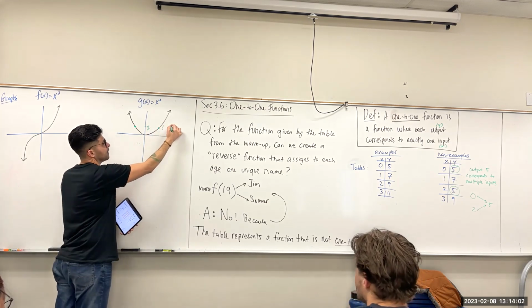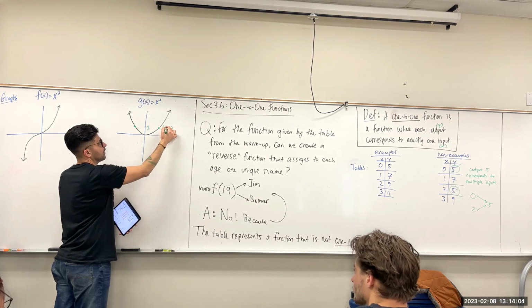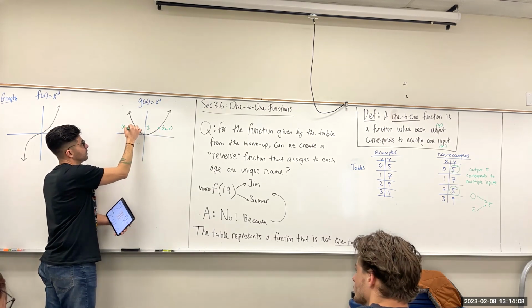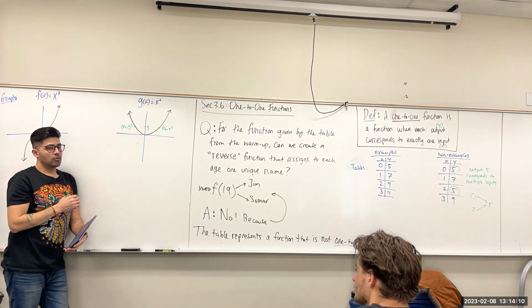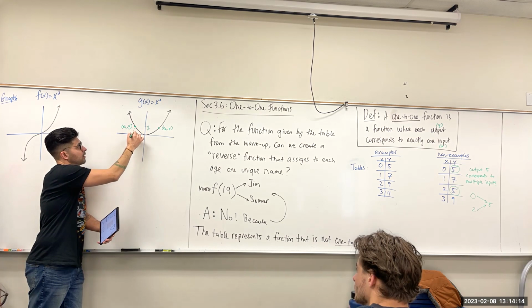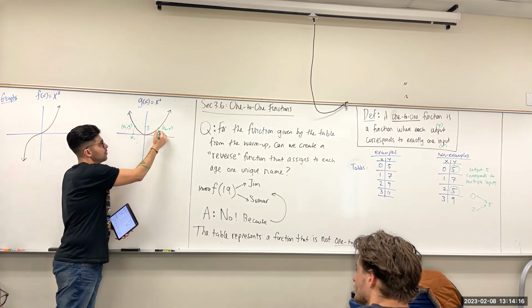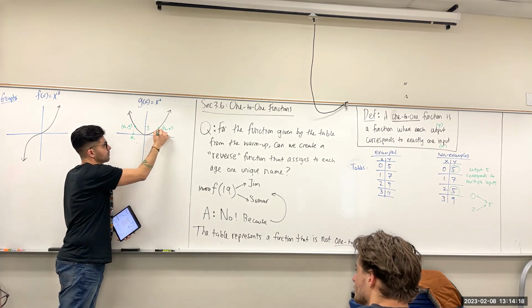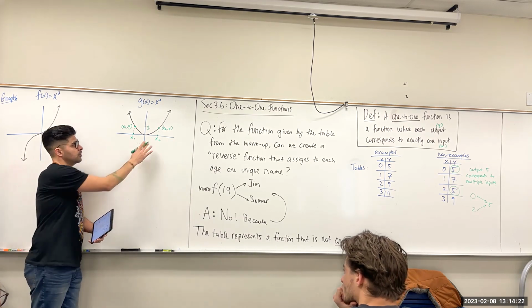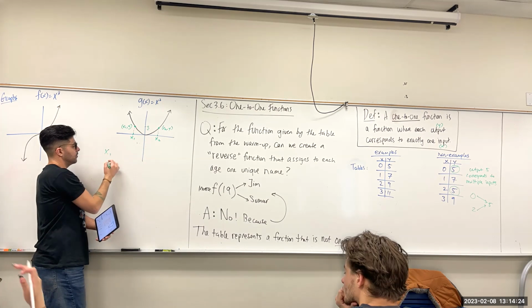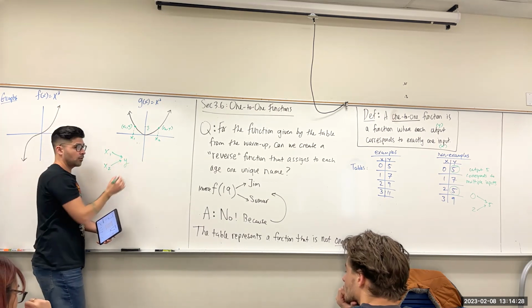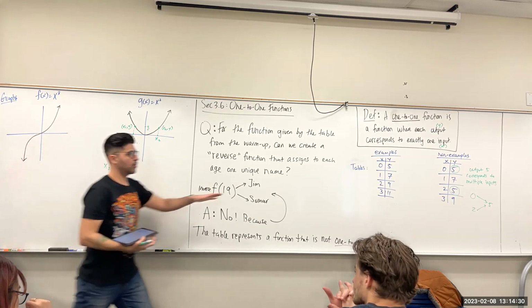Let me call that x2, and this one x1. So we have a y coordinate that corresponds to two different x values, two different input values. So when you plug in x1 or x2, they both give you the value y, which is kind of like what we were doing here.